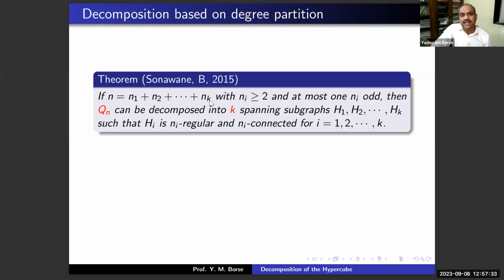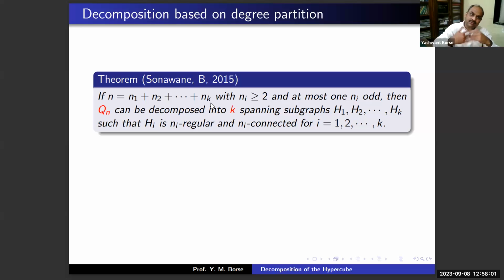But for general k, we don't know whether Hi is bipancyclic or not. For k equal to 2, you can force Hi to be bipancyclic. That k equal to 2 case generalizes the case of Yashwant, and the general k generalizes all those theorems about n equal to m times k.